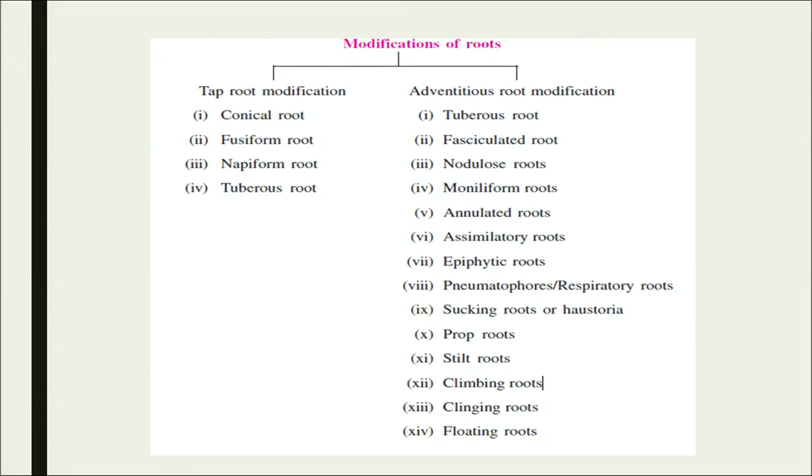We have seen examples of this, and now we shall talk about the second category in the table, which is adventitious root modifications: tuberous root, fasciculated root, nodulose root, moniliform root, annulated roots, assimilatory roots, epiphytic roots, pneumatophores or the respiratory roots, sucking roots, prop roots, stilt roots, climbing roots, clinging roots, and floating roots.